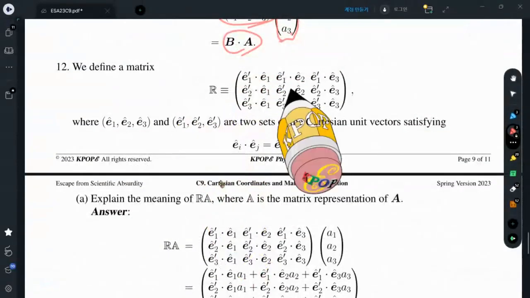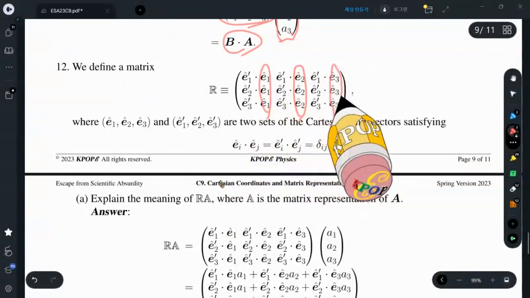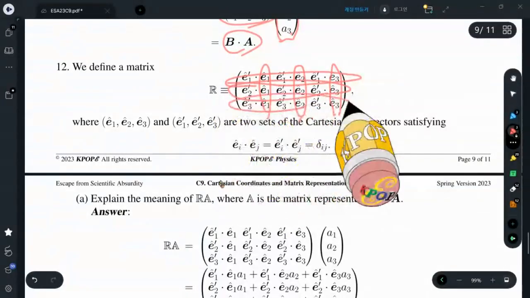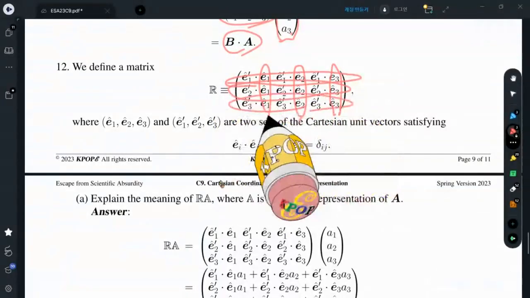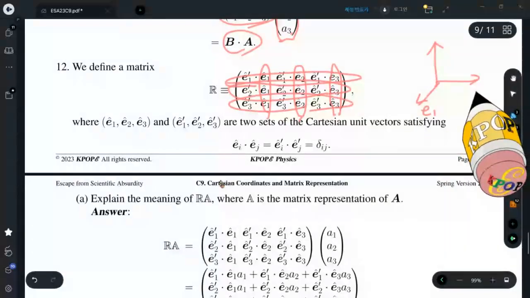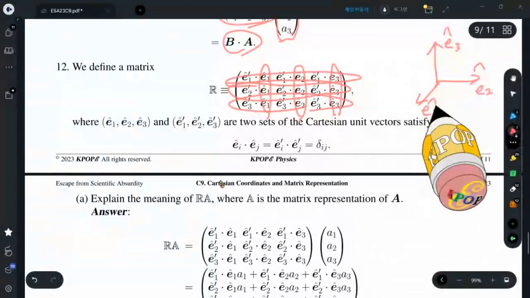But finally, we define a matrix. Oh, a little bit busy. However, you can find this E1, E2, E3. And these are E1 prime, E2 prime, E3 prime. Aha. And this one shows a set of unit basis vectors.